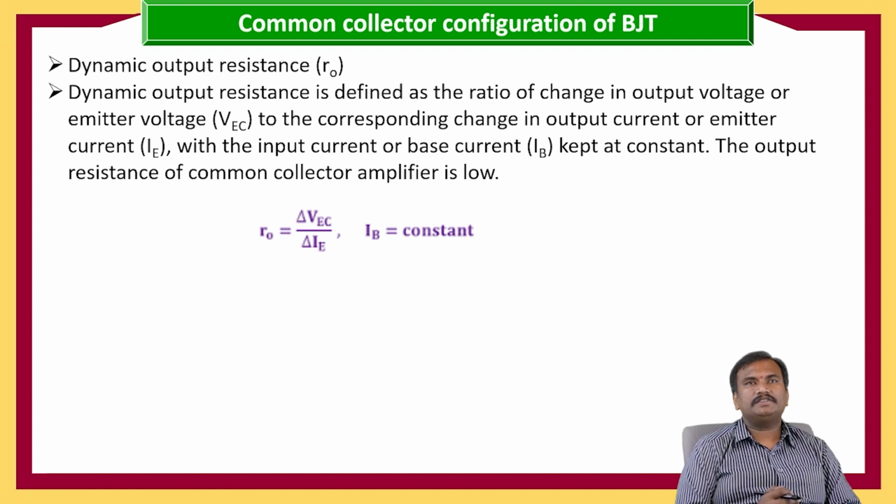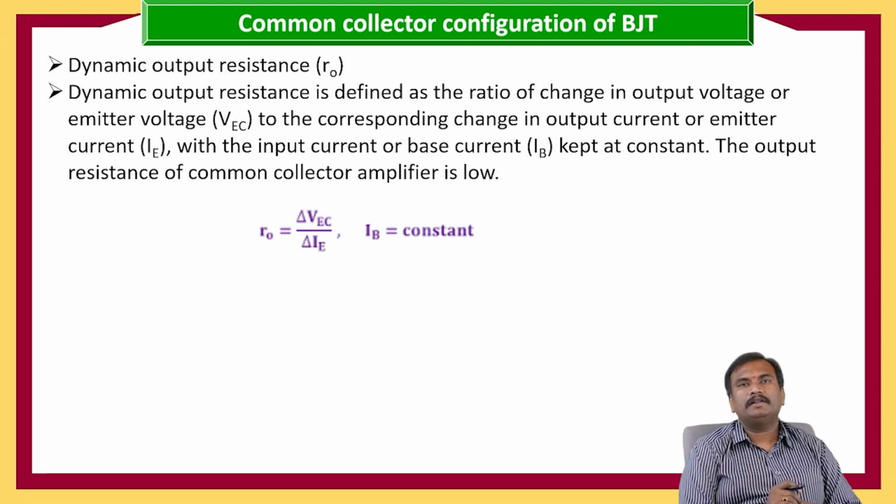And the next one is dynamic output resistance. The dynamic output resistance is the ratio between the output voltage and the output current, keeping the input parameter constant. Here the input parameter we need to keep constant is the base current.